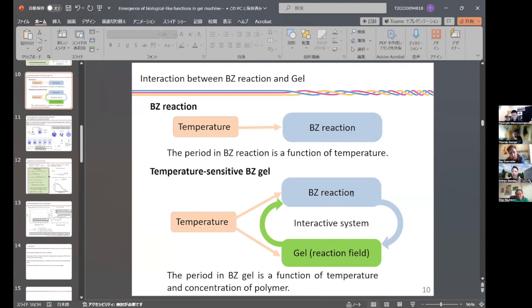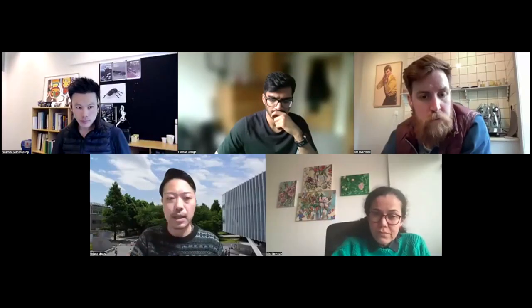So the chemical reaction is also changed by the force or volume changes, and then the system changes. Through this, I think there is some sensing. The important thing is how we couple the two things, body and chemical reactions. This is most important to make functions like sensing.